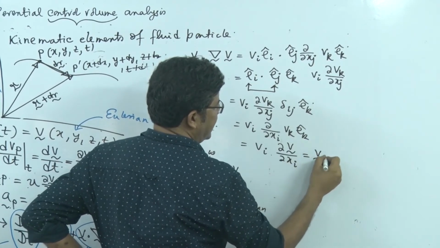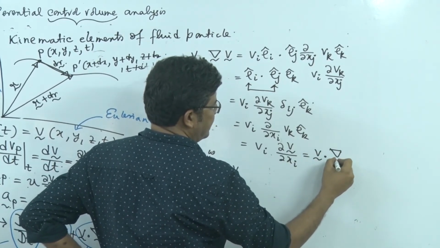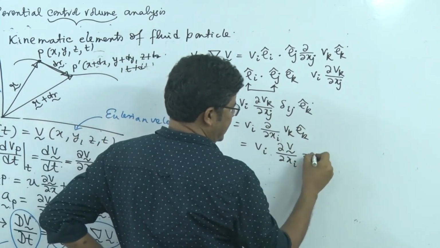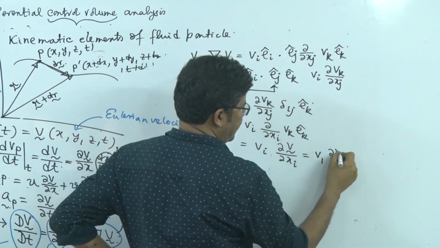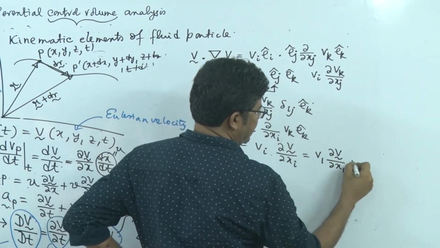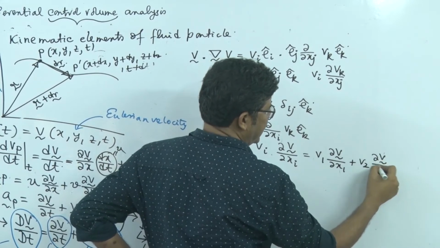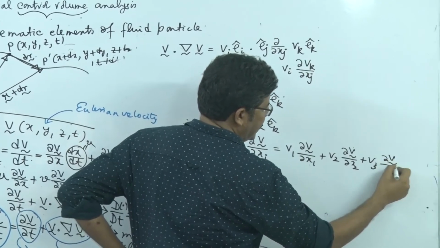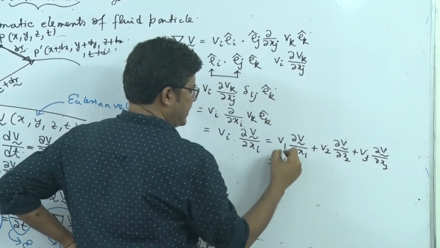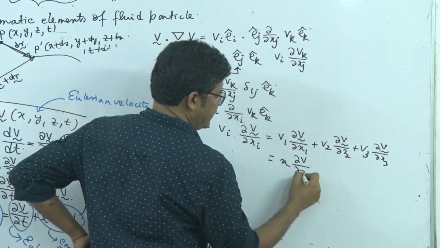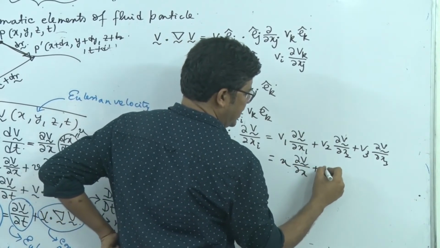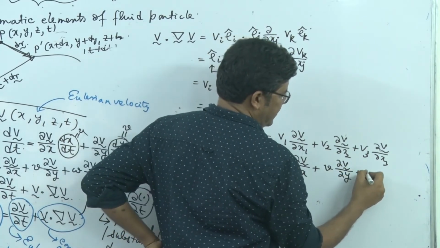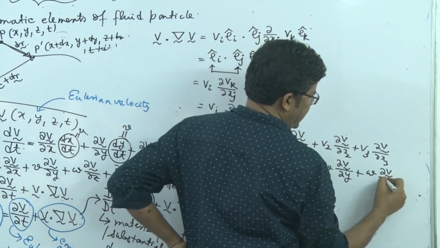If you split, it will be v1 del V del x1, V2 del V del x2, V3 del V del x3, and in old notation V1 is U, x1 is x, V2 is small v, x2 is y, V3 is small w, x3 is z.